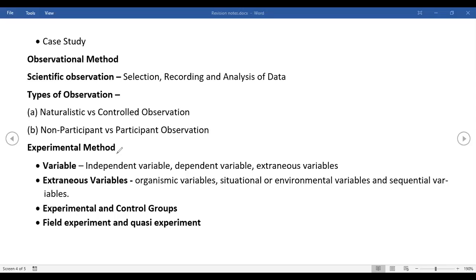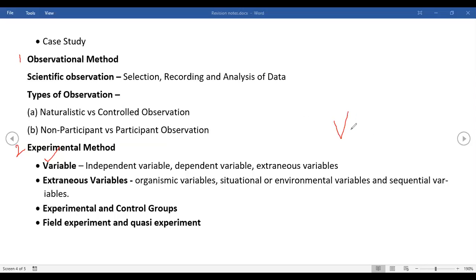Next is the experimental method. This is the second one; that was the first one. In this second one, we introduce another concept, that is variable. A variable is really important in an experiment, particularly in research methods. What is a variable?